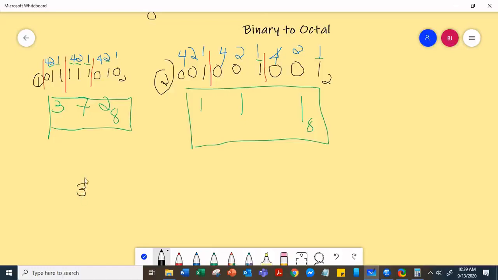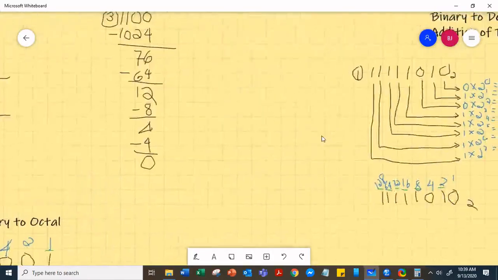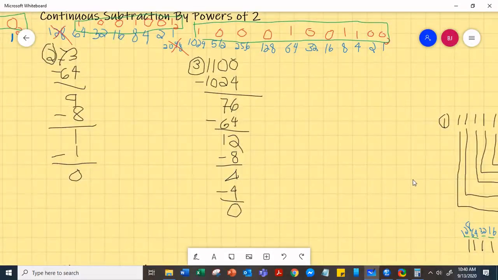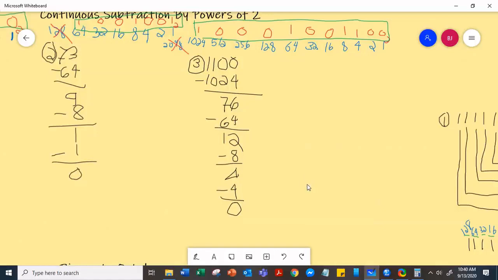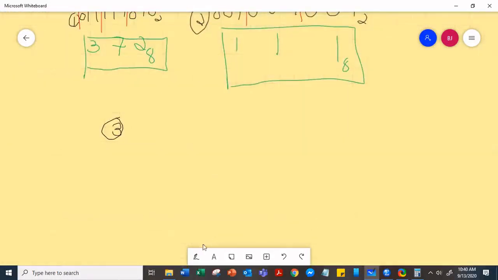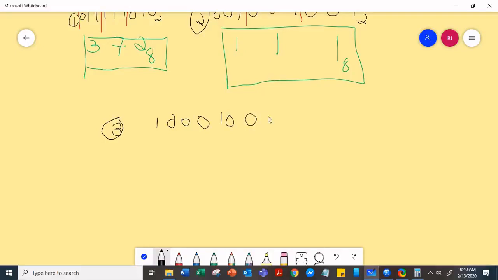Now finally, we have our third example, which is 1000, 100, 1100: 1, 3 zeros, 1, 2 zeros, 2 ones, 2 zeros, base 2. Well, you guessed it, we group it by 3s. This one is missing a number, so we put in 0.